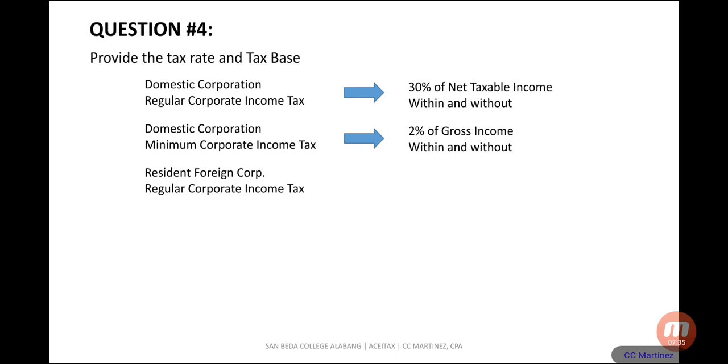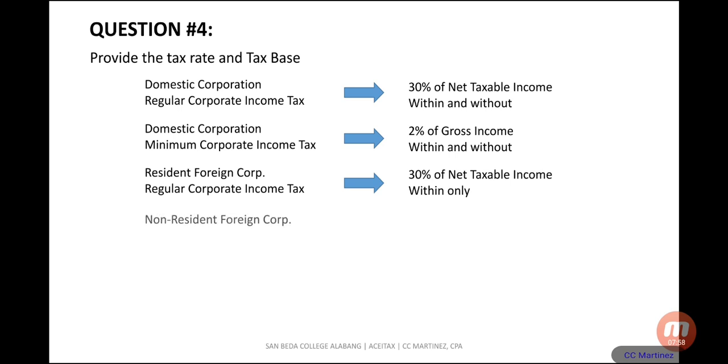So, ano ang applicable tax rate and tax base? So, answer is, since regular corporate income tax siya, 30% of net taxable income. And since foreign corp siya, taxable lang siya within the Philippines.